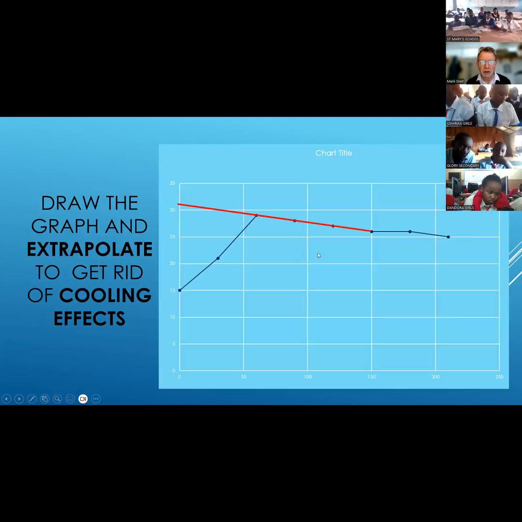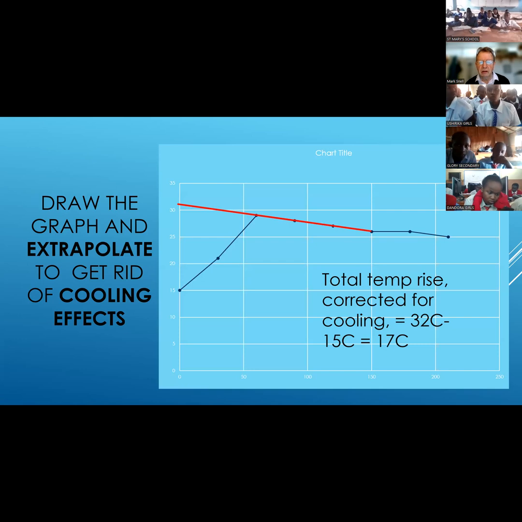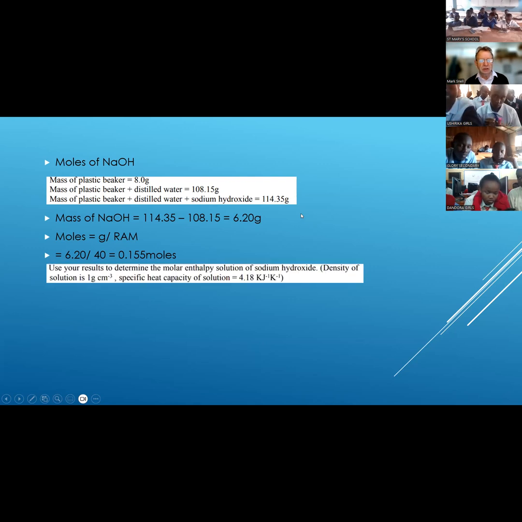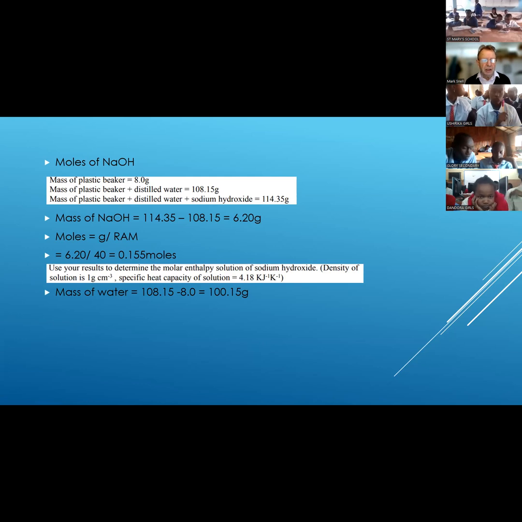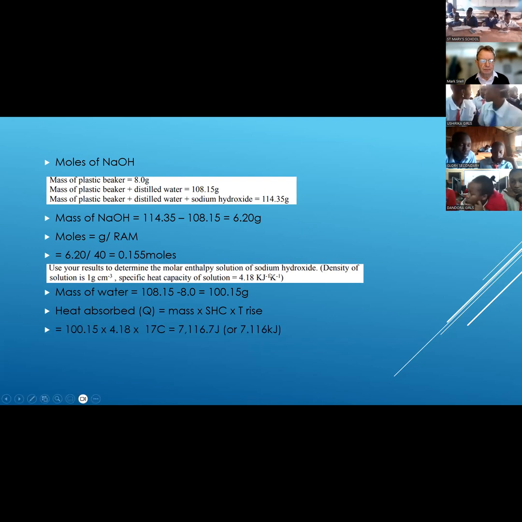Okay, so here's my graph. Extrapolate, total temperature. The moles of sodium hydroxide are the grams over the RAM, which is 0.155. Be careful how you add up these things. Then the molar enthalpy of solution. Well, what was Q? What was the heat? That was the mass of water times the specific heat capacity times the temperature rise.